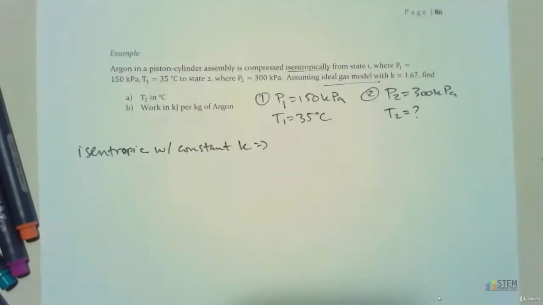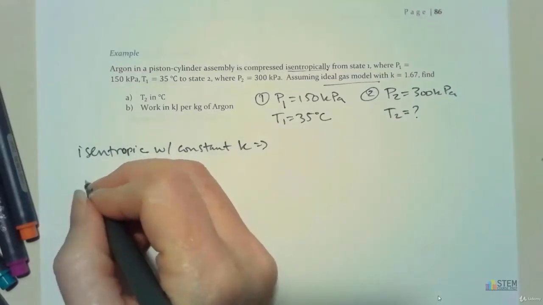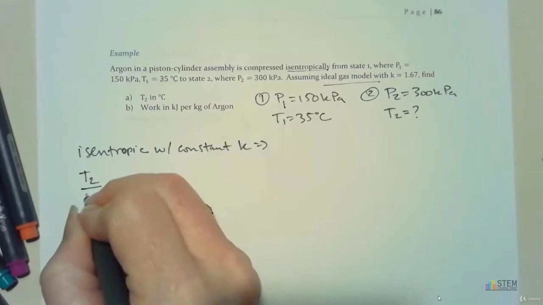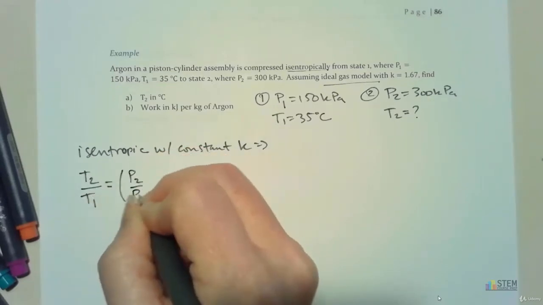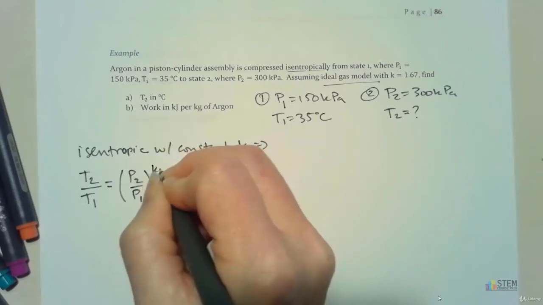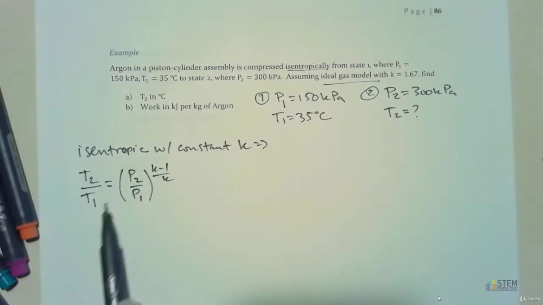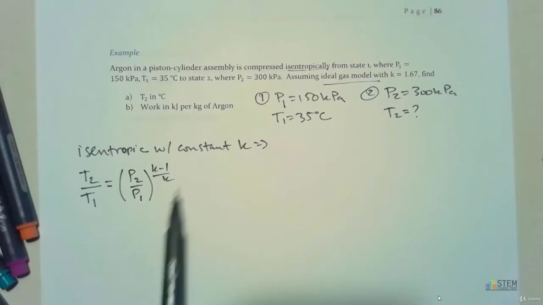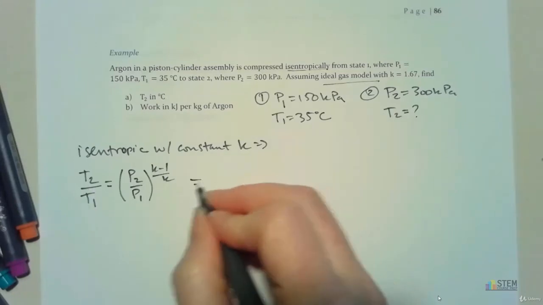Since K is constant, we're going to have the equation T2 over T1 equals P2 over P1, with the exponent K minus 1 over K. This relationship has our pressures and our temperatures. We know everything in this equation except for T2, so that's a good choice for an equation.